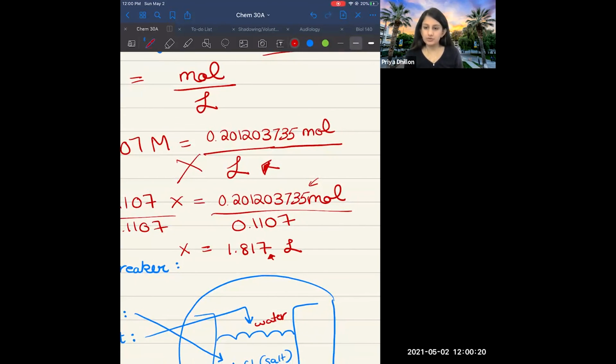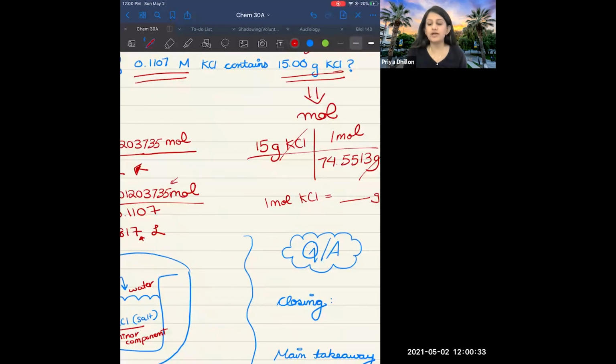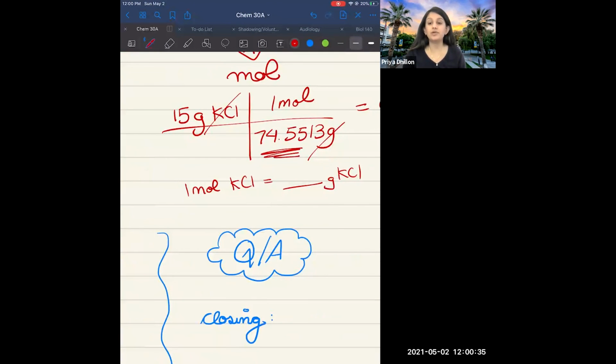Oh, is that what you guys got? Let me put it into the calculator again. Maybe there's a difference between the molar mass. So if this molar mass is from your periodic table, then it will be different. And if it's from the Google search, then it will be a bit different.